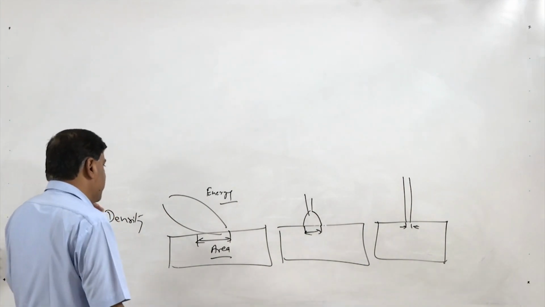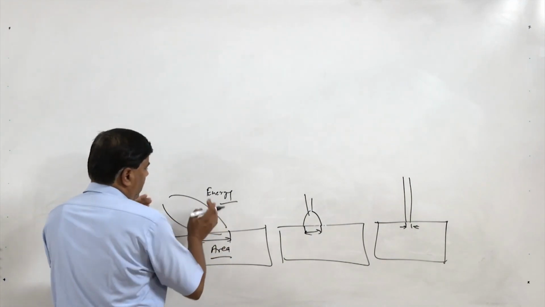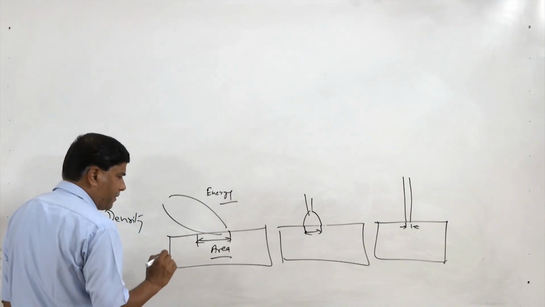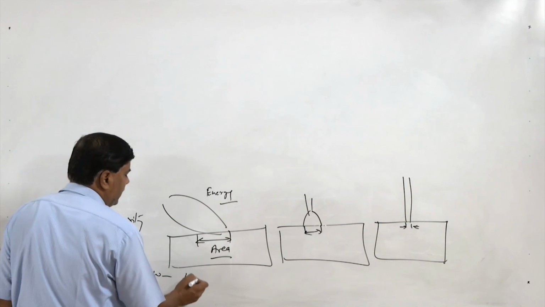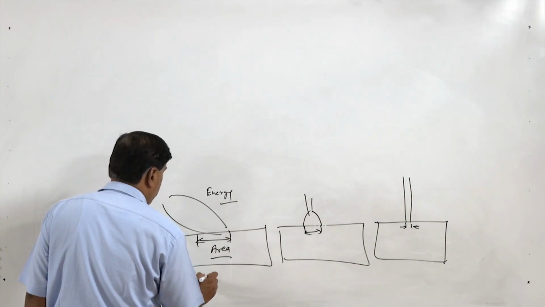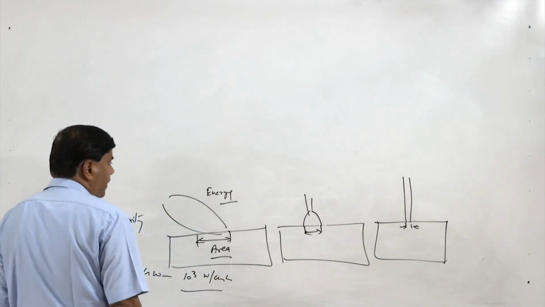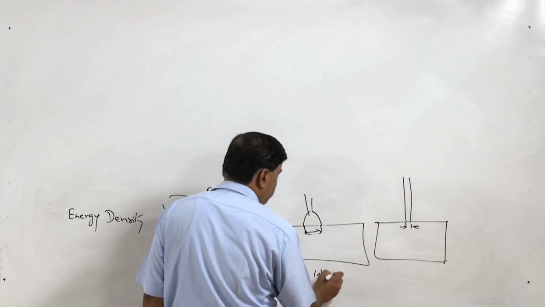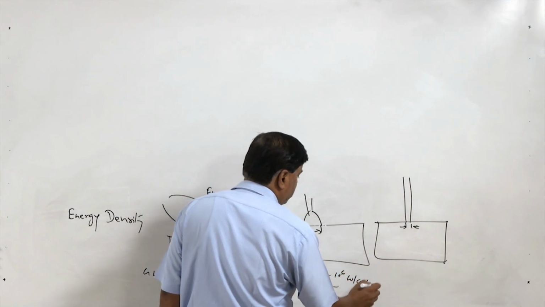Depending upon the kind of process being applied, gas welding applies limited energy over a larger area, and that is why the energy density associated with gas welding is very limited, say like 10 to the power 3 watt per centimeter square, while in the case of arc welding it may range from say 10 to the power 4 to 10 to the power 6 watt per centimeter square.